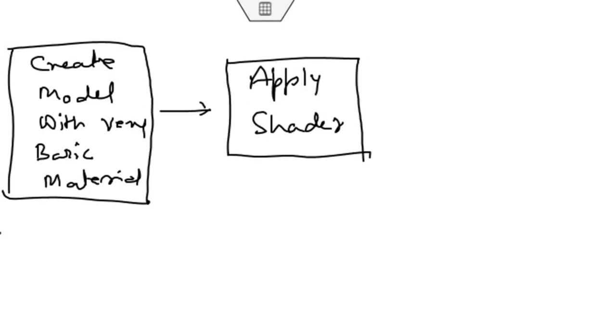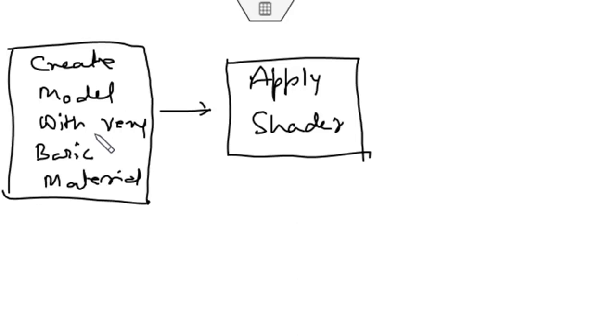Now you are all thinking, what is a shader? Actually, a shader is a small script that contains the mathematical calculation and algorithm for calculating the color of each pixel rendered, based on the lighting input as well as the material configuration.